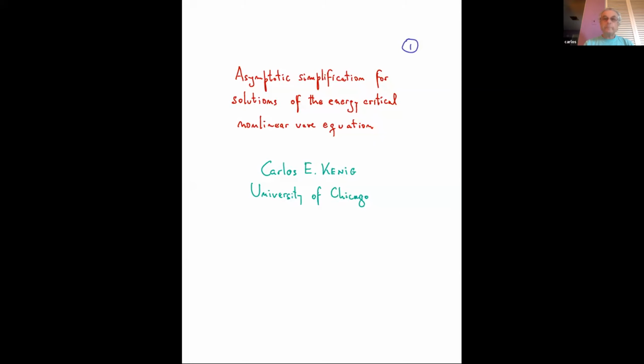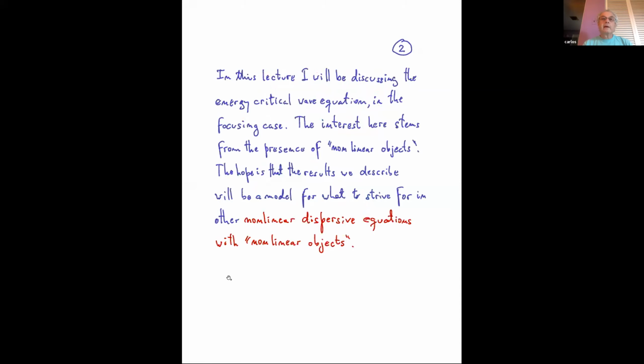Okay. So the talk is on asymptotic simplification for solutions of the energy critical wave equation. In this lecture, I'll be discussing this equation, the energy critical wave equation, in the focusing case. The interest of the focusing case here stems from the presence of nonlinear objects.